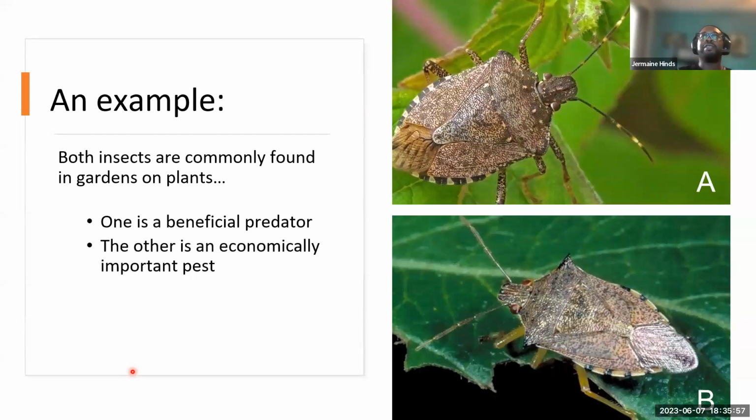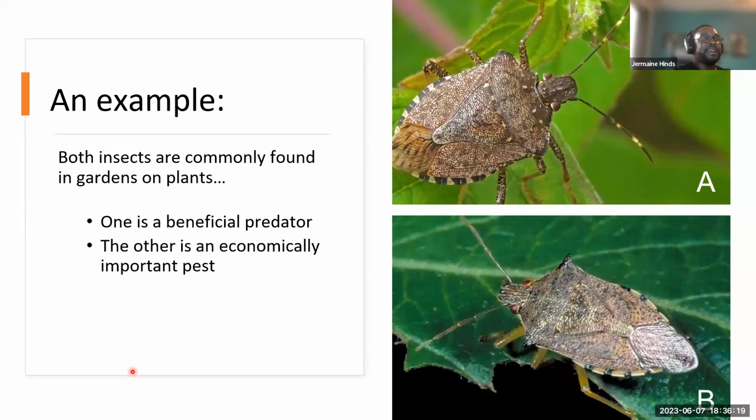So I have an example of why proper identification is important, right? Both of these insects, insect A and insect B, are commonly found in gardens, on farms, on plants. One of them is a beneficial predator, and the other is an economically important pest, which can cause economic damage to your plants.